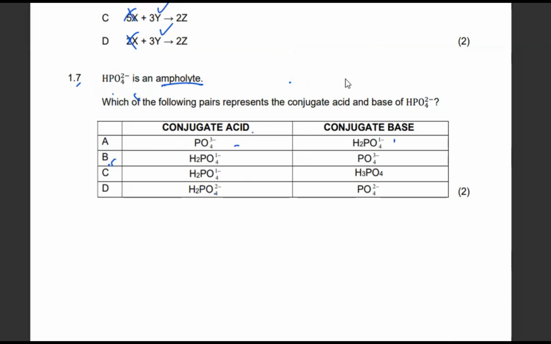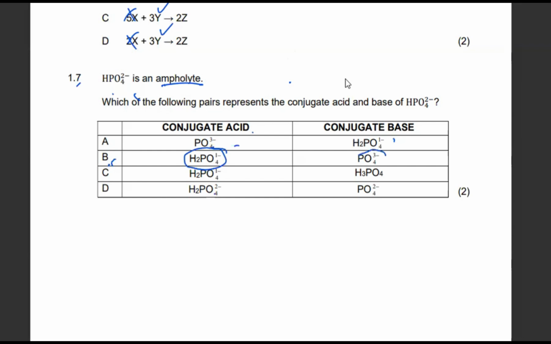But it's supposed to be a conjugate base pair. So if it is an acid, it will donate. If it donates, then this is a conjugate base. It will accept what? So this one becomes the conjugate acid, because it is able to donate.